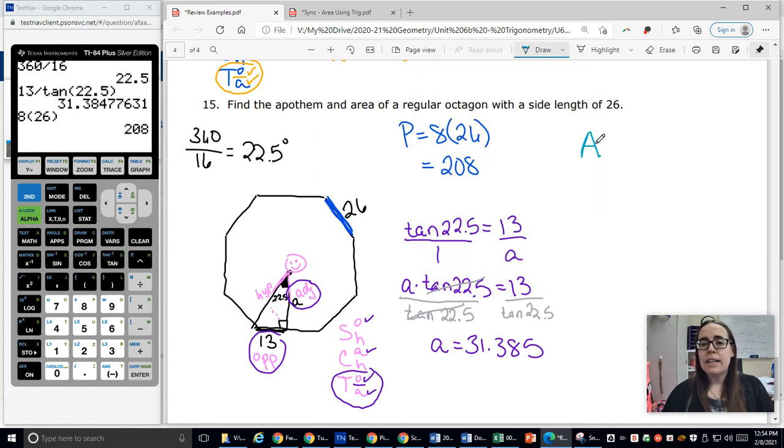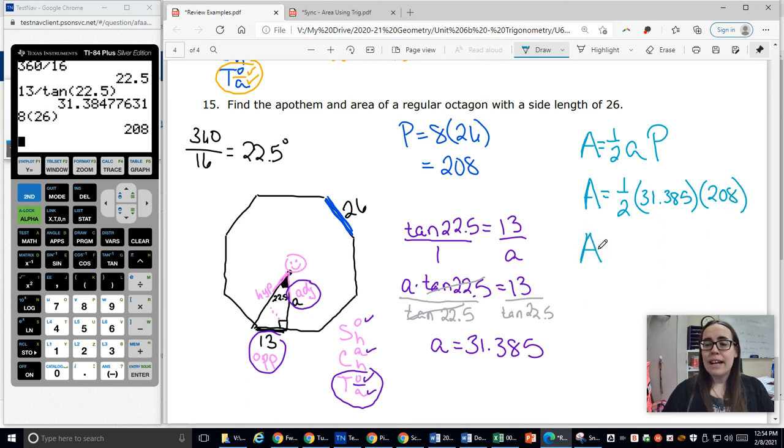My area is going to equal 1/2 the little a apothem times the capital P perimeter. So my area equals 1/2 my little a, which was 31.385, and then my perimeter is 208.